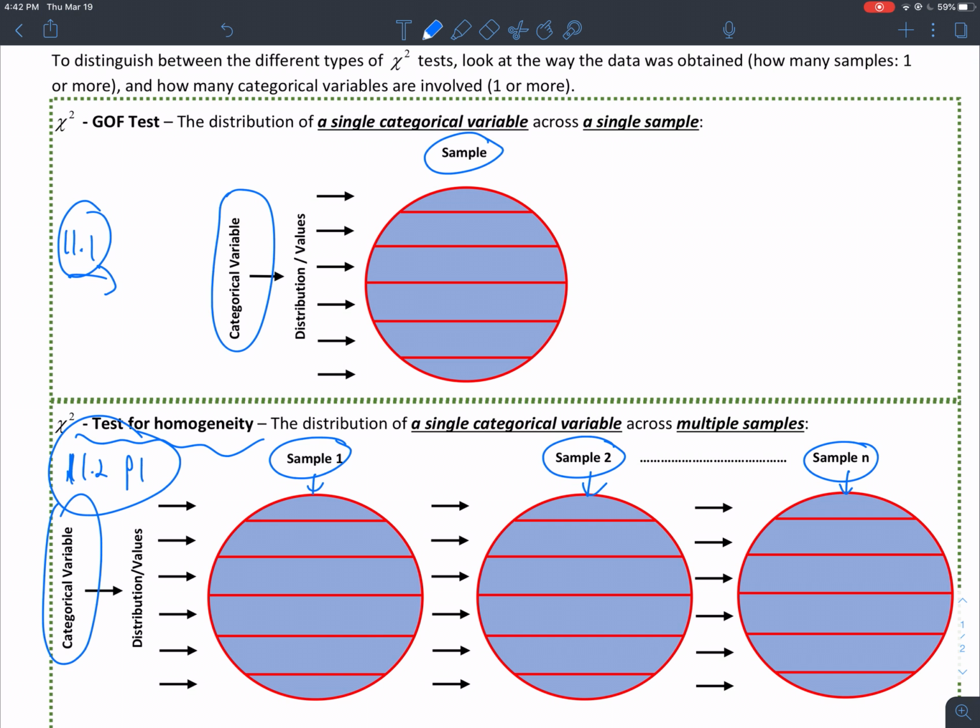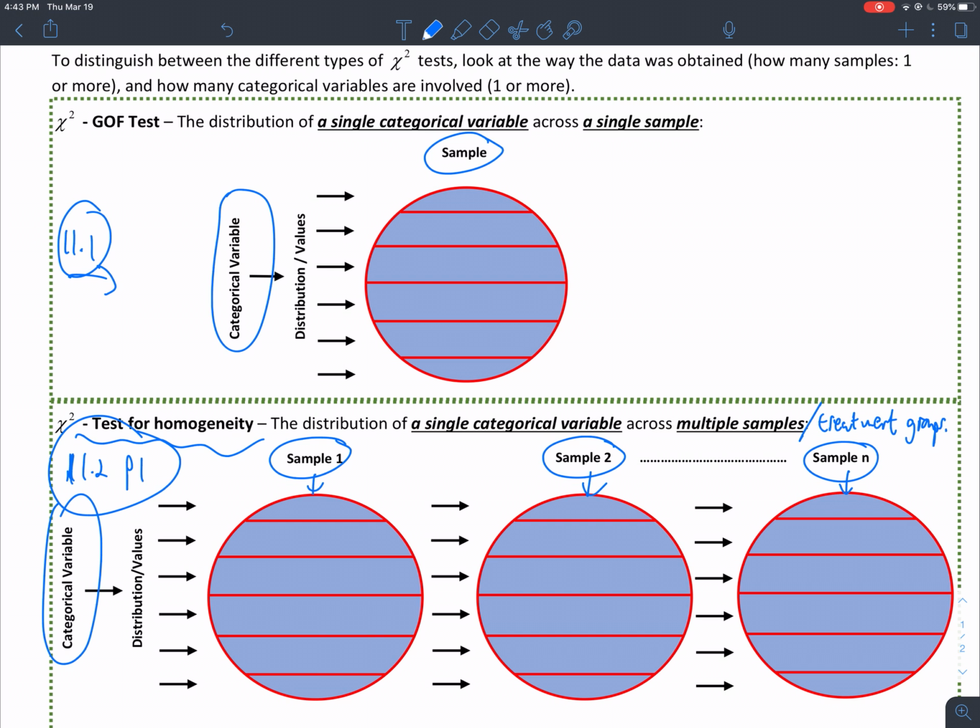It doesn't just have to be one. So this is what makes this different from a chi-square goodness of fit test: I'm checking the distribution of a categorical variable across multiple samples or multiple treatment groups. You can actually add their treatment groups, which is actually our first example.